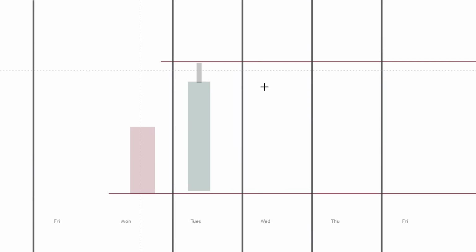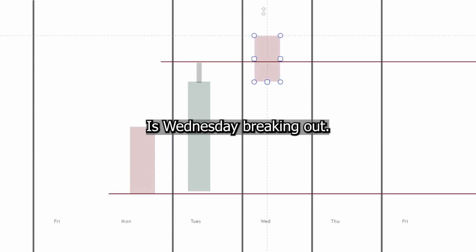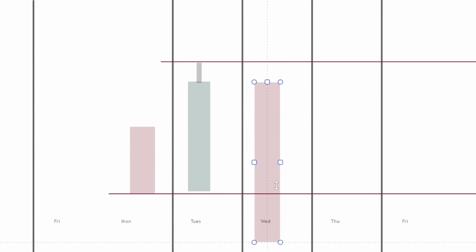So what happens next? You would want Wednesday to stay within the range. What you don't want is Wednesday breaking out. Either way, this will negate your profile. This will not be a seek and destroy profile.